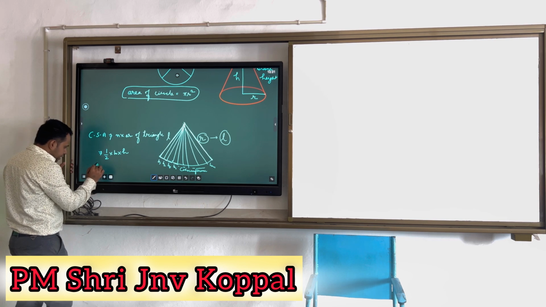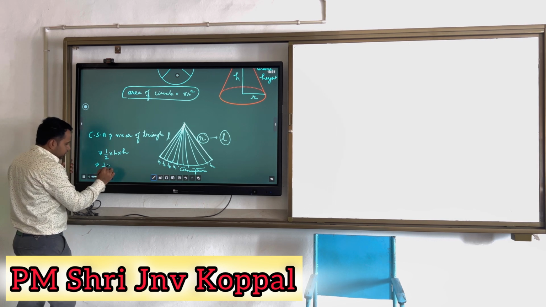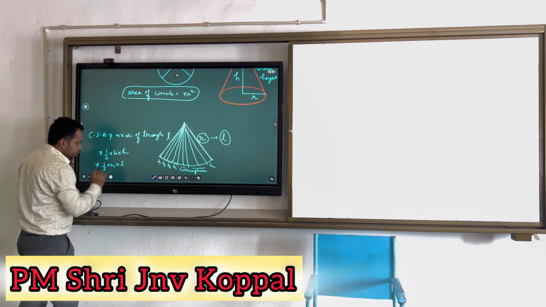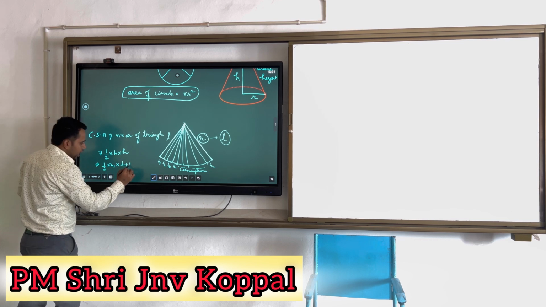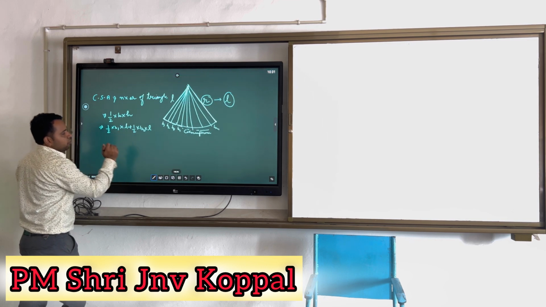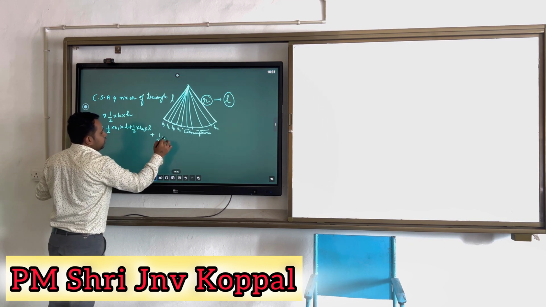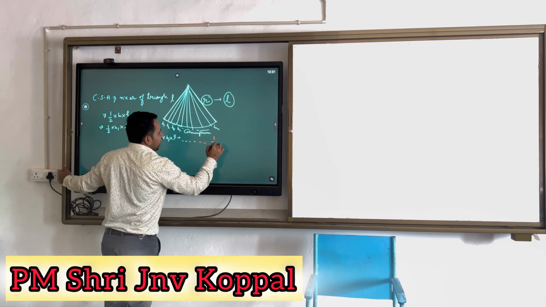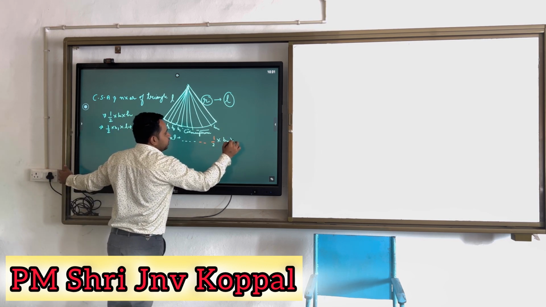So the area is half into B1 into L, plus half into B2 into L, plus half into B3 into L, and so on, up to half into Bn into L.